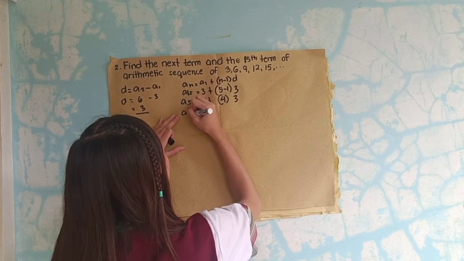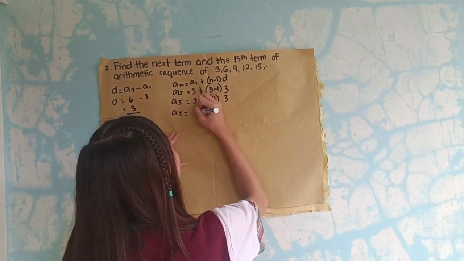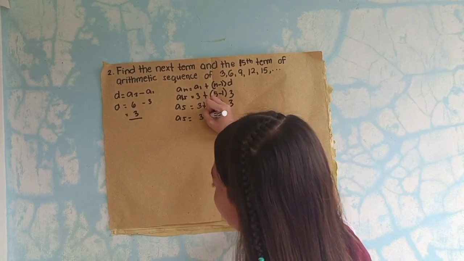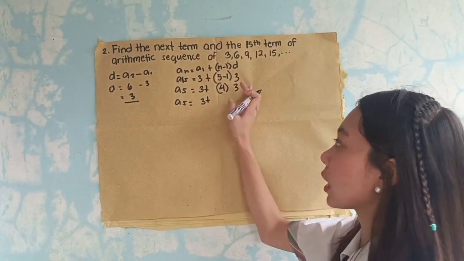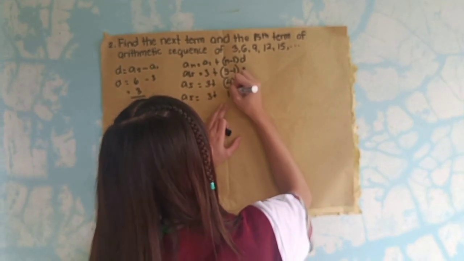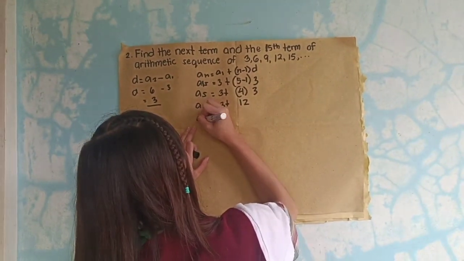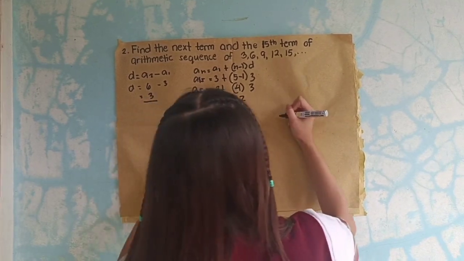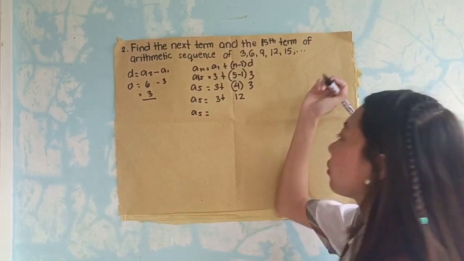So, a sub 5 is equals to 3. Ibaba ulit. 3 plus 4 times 3 is 12. Then, a sub 5 is equals to 3 plus 12 is 15.